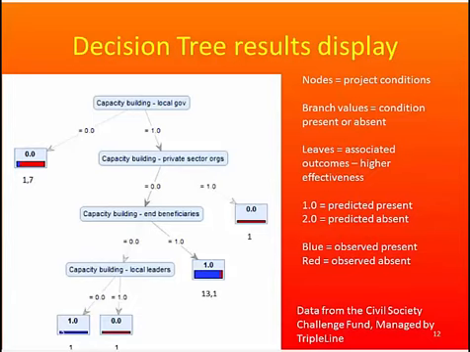The fourth from left branch tells us that the presence of capacity building at the local government level and of end beneficiaries, but without capacity building of private sector organisations, was sufficient for projects to be effective in achieving their objectives in 13 of 14 cases.